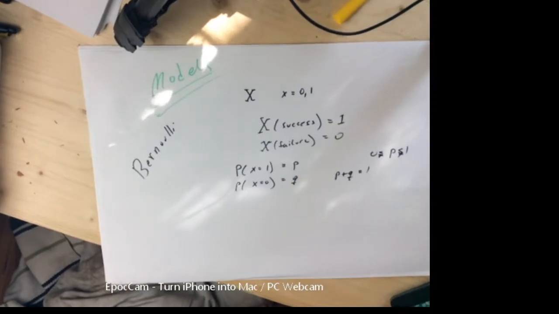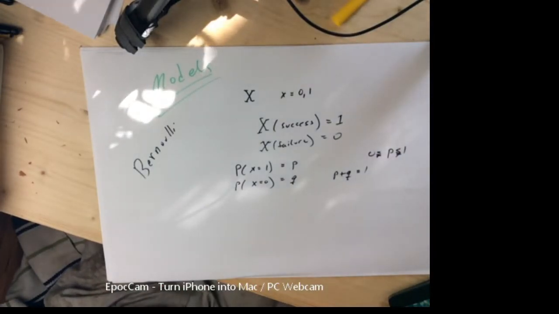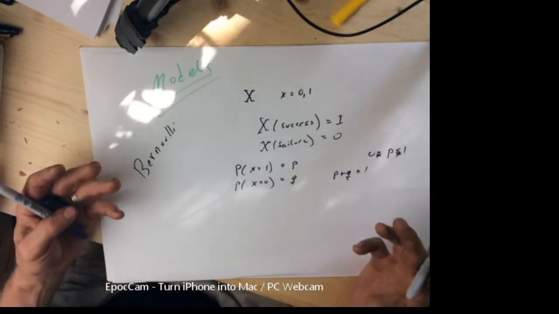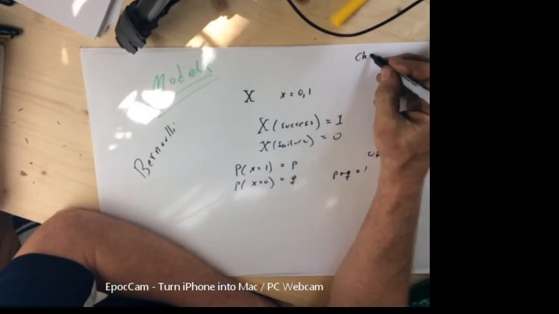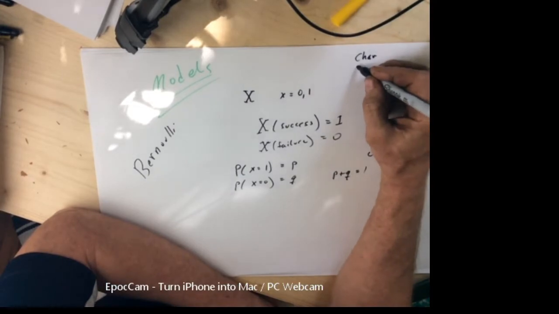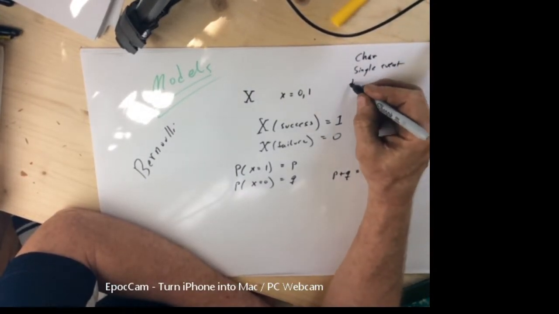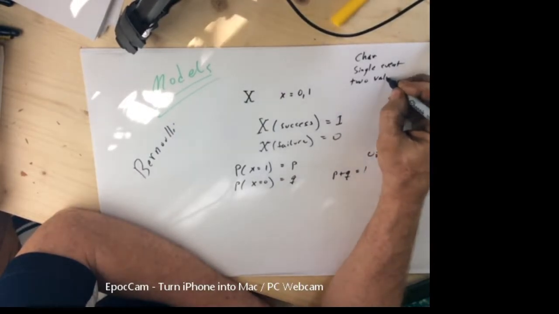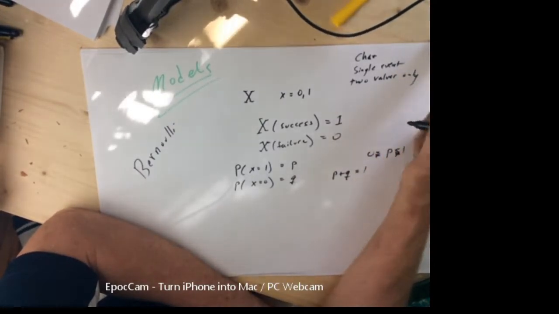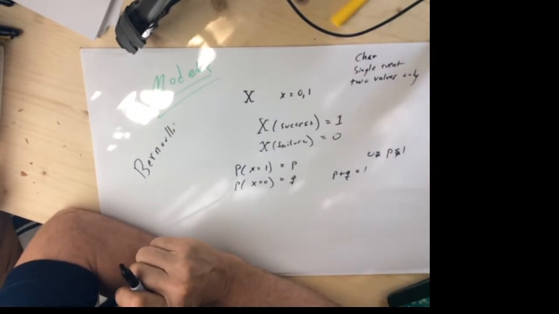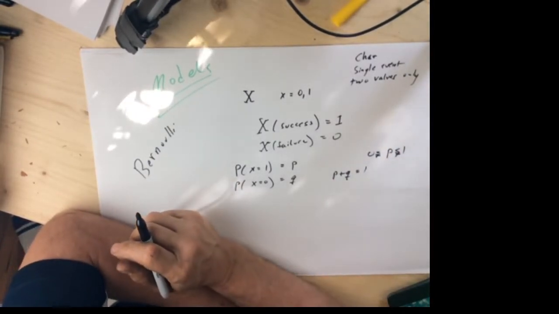Now, the most important thing about the Bernoulli distribution is that it's just a single event. So let's look at the characteristic. So characteristic is a single event. It has 2 values only. Should be easy to spot when you have a Bernoulli.